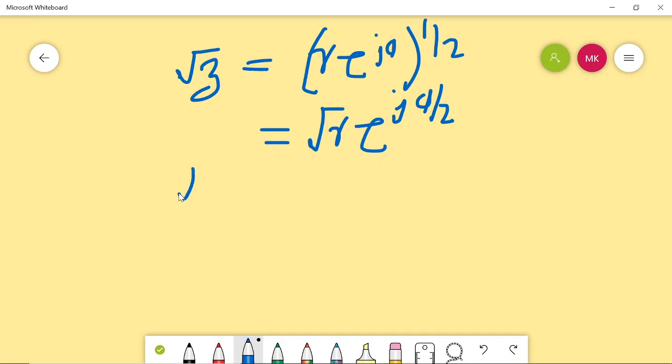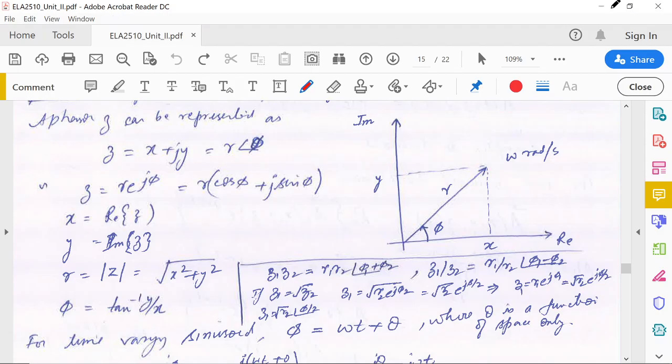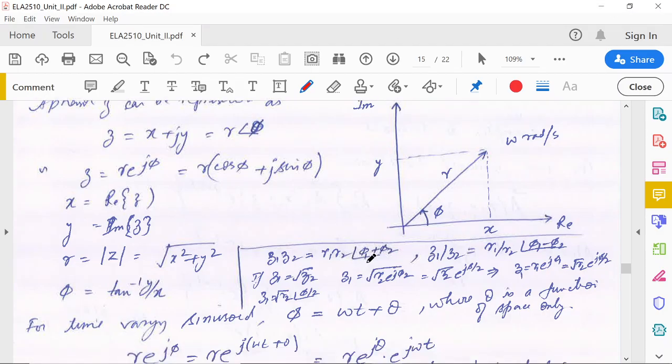It means under root z has the amplitude under root r and phase phi by 2, half of this. This is a very important result, and we will use it later. If you take the under root of any complex number, you can just find the magnitude as the under root of the magnitude of z, and the phase of the result as half of the phase of z.